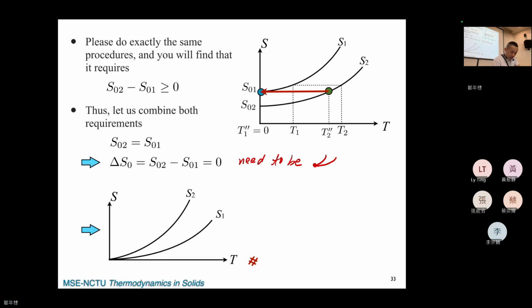You can see that S1 and S2 need to shrink to one point, but the value can be any, right? So if we combine with the earlier statement, it will shrink to 0.